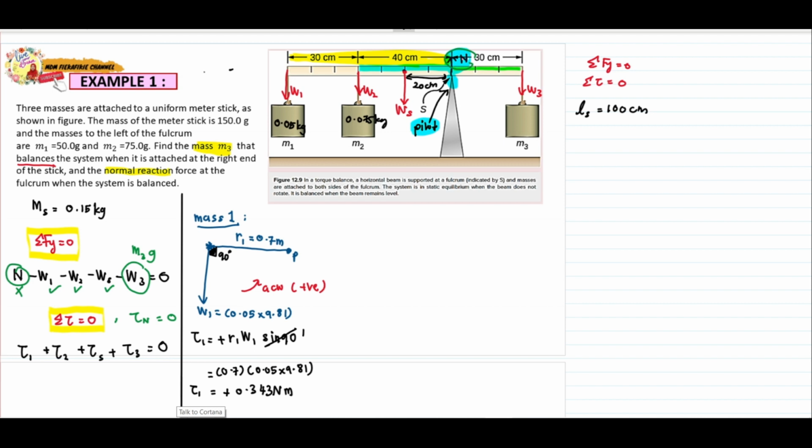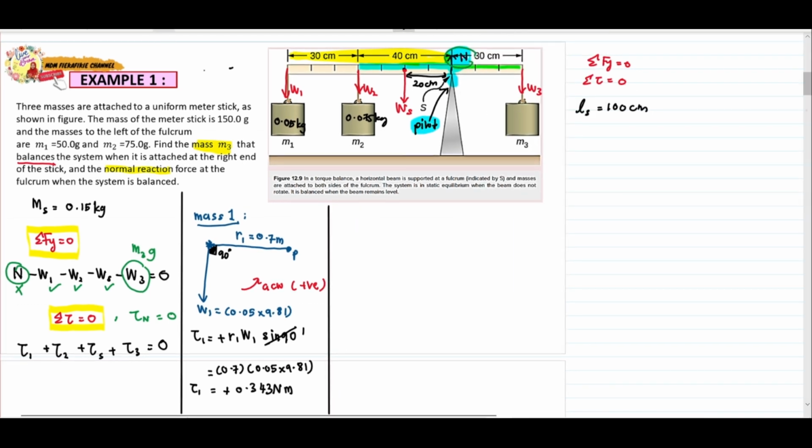So this is just how we find torque 1. Okay, for anyone who wants to make a table, no problem, you can go ahead. But I am not making a table here. I just do it one by one to show what the direction of the torque is based on the force exerted by the mass. Okay, so we finish mass 1. So we proceed to the second part, which is mass 2. Okay, so now let's write mass 2.